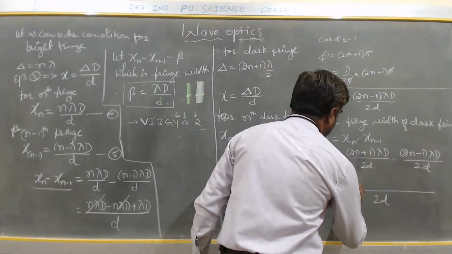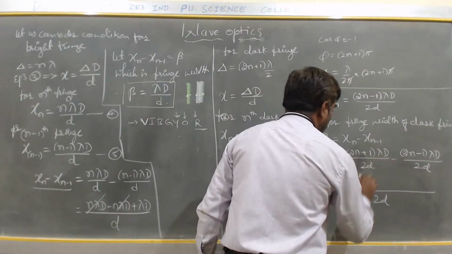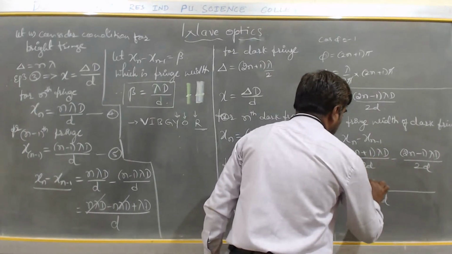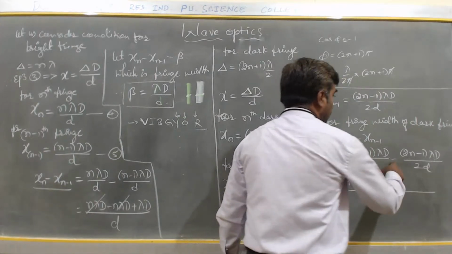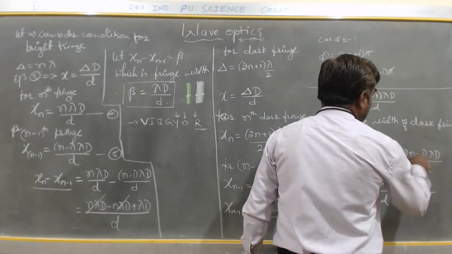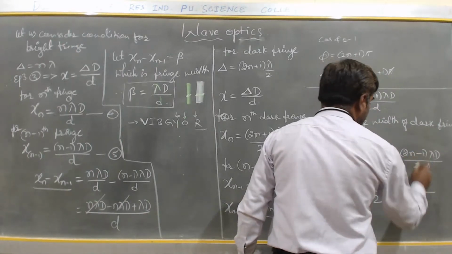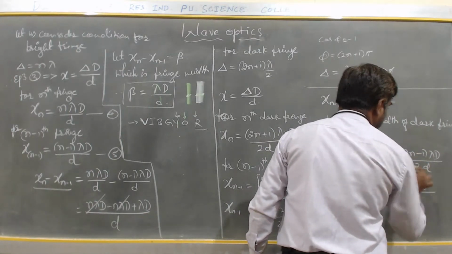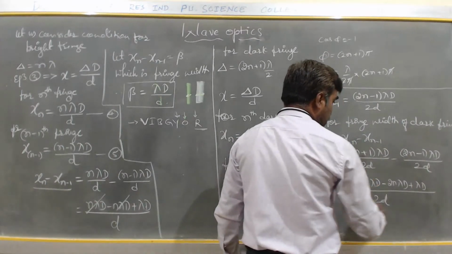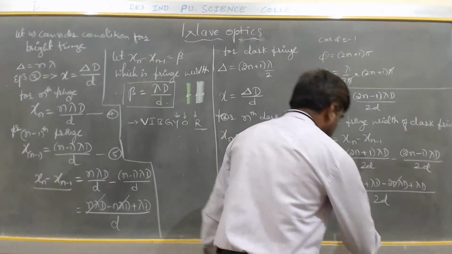Now if I expand, 2n lambda D plus lambda D minus 2n lambda D plus lambda D, so that plus 2n lambda D and minus 2n lambda D get cancelled.